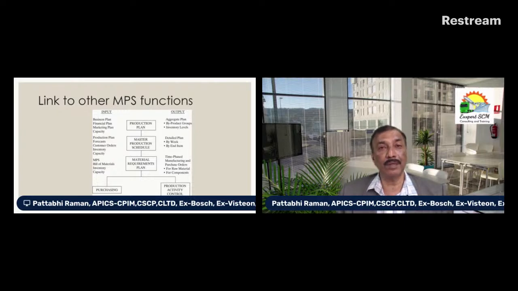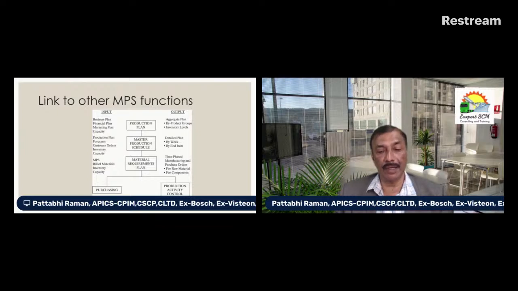Finally, when we come to MRP, we talk in terms of a few weeks and at a component level. So in the planning hierarchy, the horizon and the level of detail are different for each level. MRP is at a minute level, so for understanding MRP, you may need some basic understanding of the other levels.